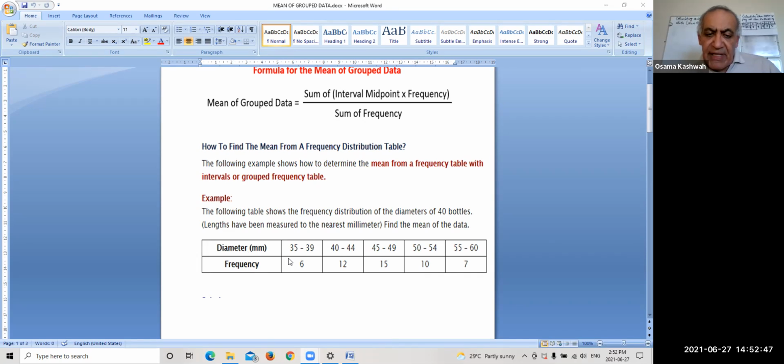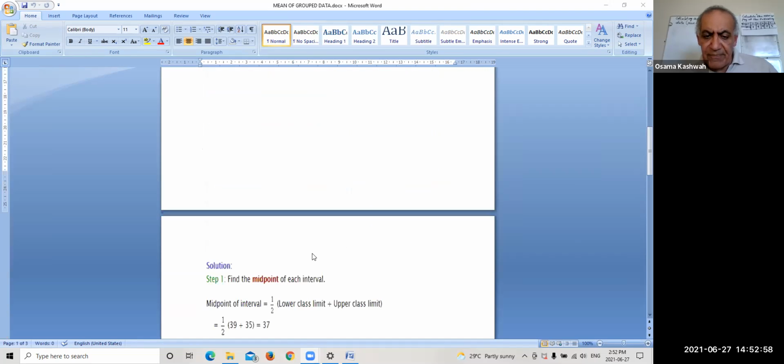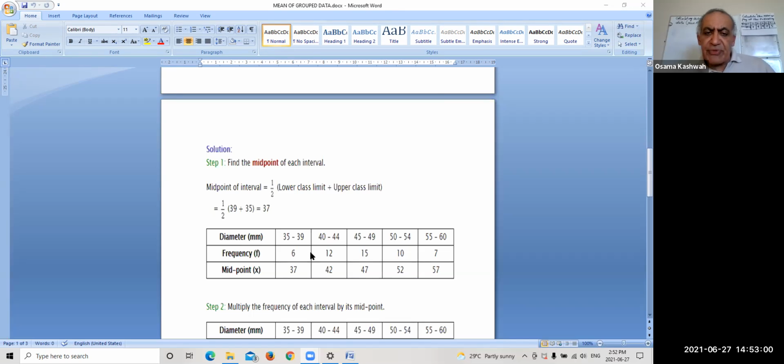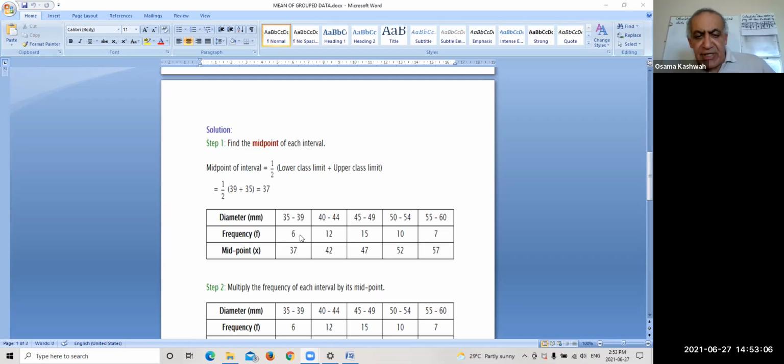The frequency means how many times it occurred in this category. When we come to the solution, I will do the same example on the board. We will add one more column. I will work with columns here on the board, but here it is in a row, no problem.